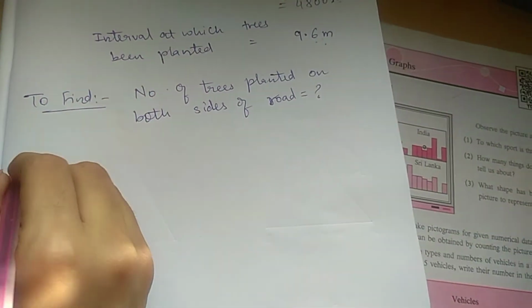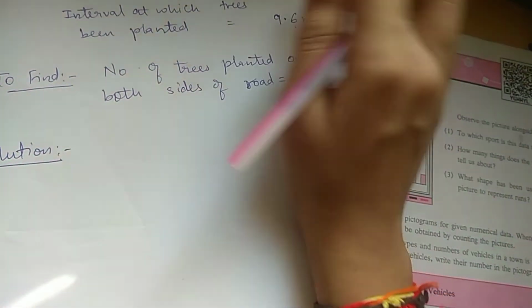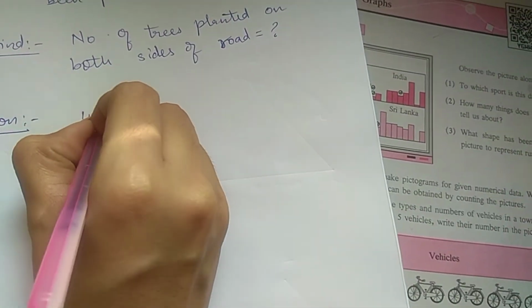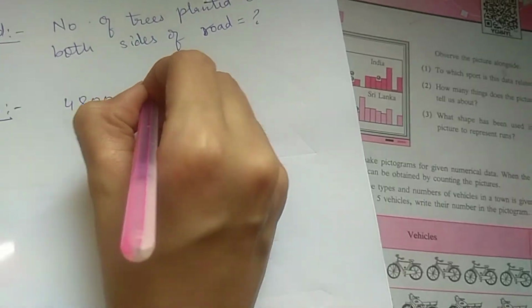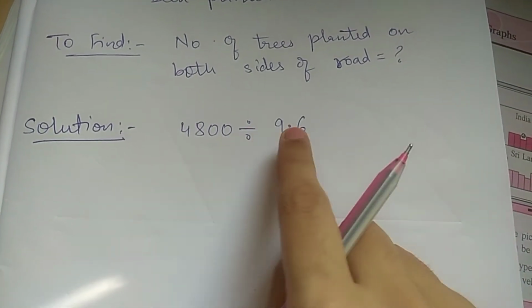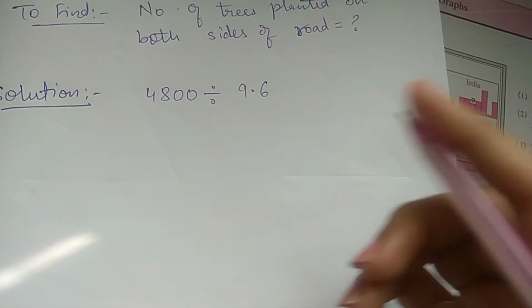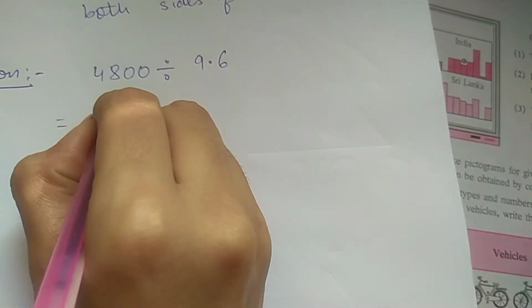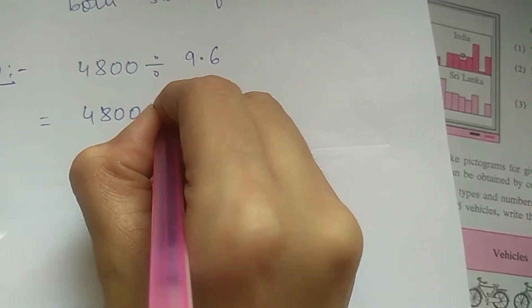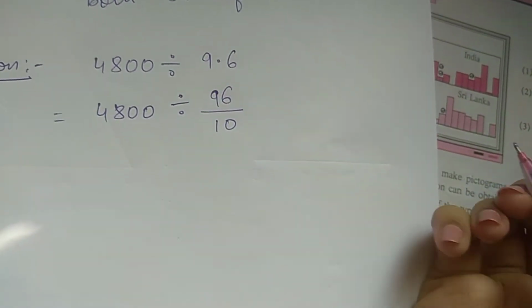So starting with the solution, we have to carry out division. So 4800 divided by 9.6. Now we have also seen that when the divisor is a decimal, we have to convert the decimal into a common fraction. So 4800 divided by 9.6, how will we write it? 96 upon 10.